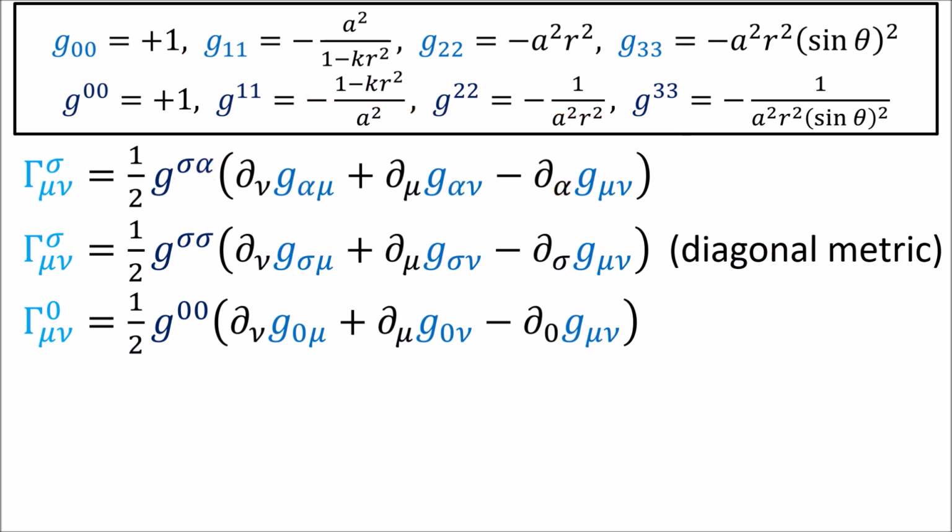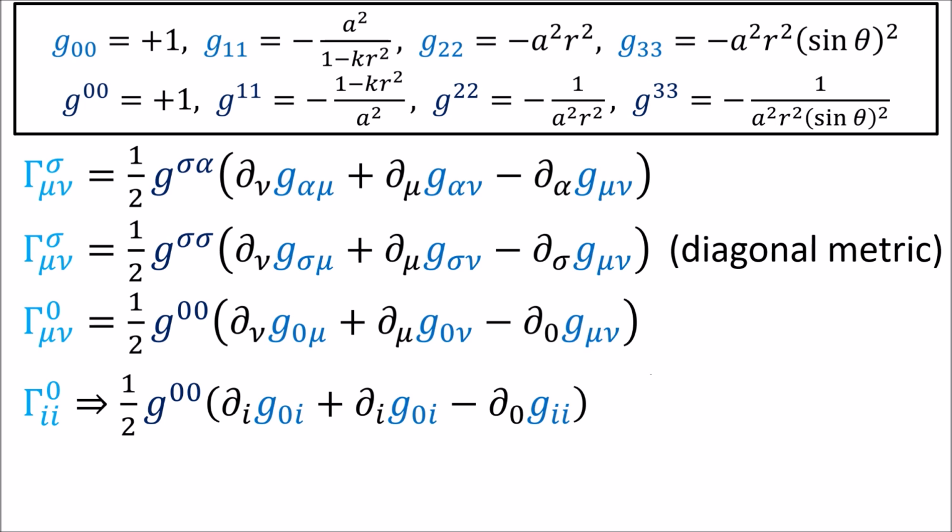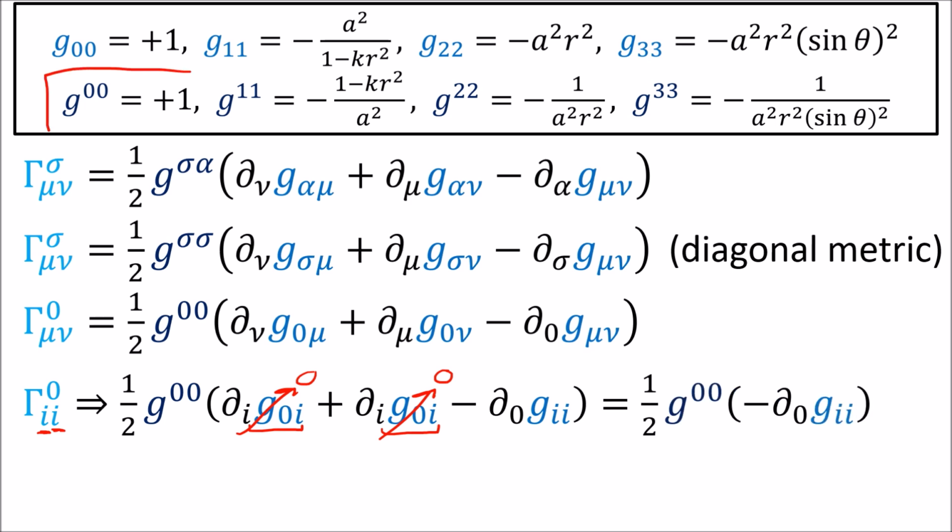Now let's look at the case where both lower indices are spatial indices that are repeated, denoted by the index i. Metric components that have one space index and one time index are off the main diagonal and they go to 0 for the FLRW metric. g inverse 0, 0 is +1.